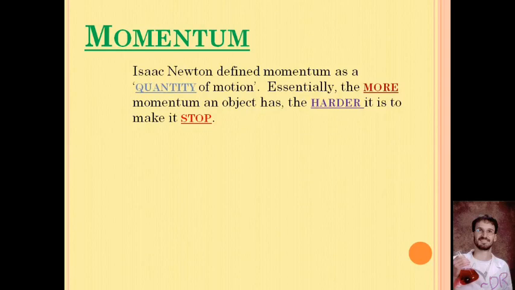I mean, that just makes sense. And that's what momentum is. Momentum is how much energy is required to move all of this matter. So the more energy there is, the harder it's going to be to stop.